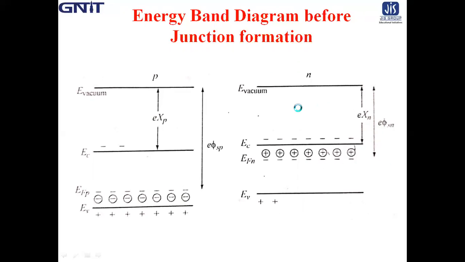Now, when P and N type semiconductor meet to form junction and no external bias, that means no external electric field is applied, then what happens? What will be the energy band diagram, or particularly what will be the Fermi energy level?